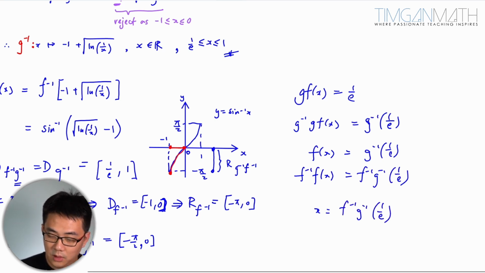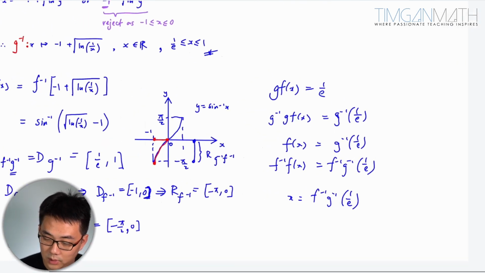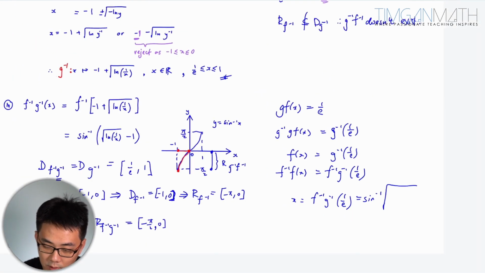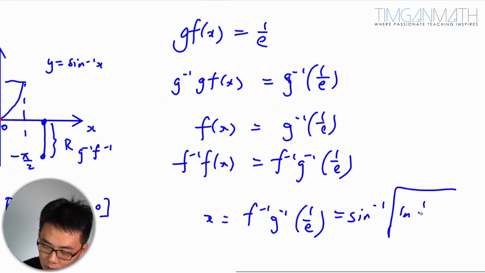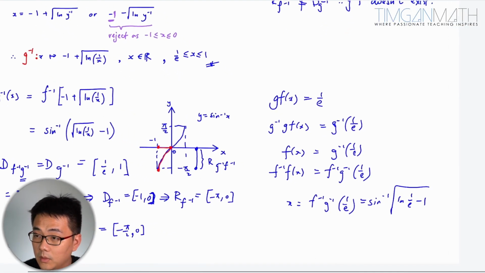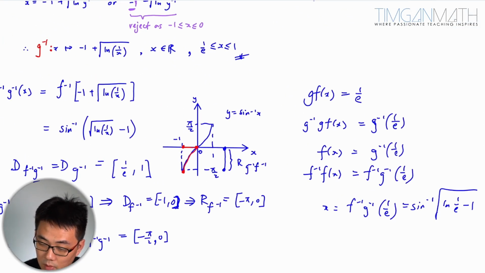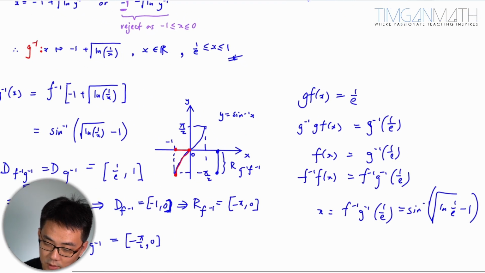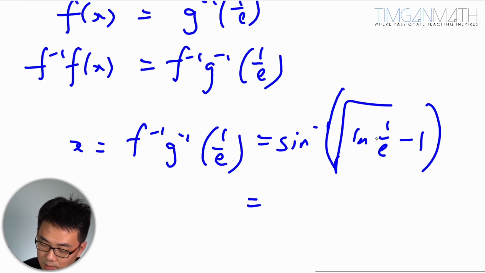So I'm just going to use the function there. Ln e, so this is sine inverse of ln of 1 over 1 over e, minus 1, minus negative 1.